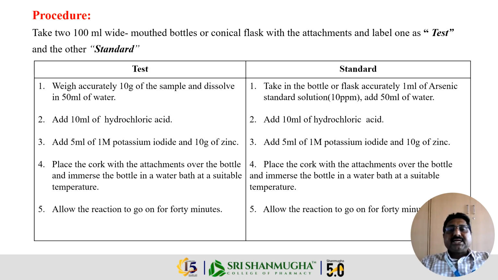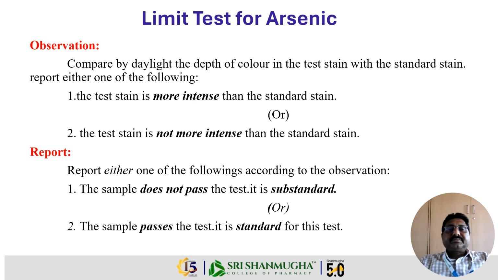Both the test and standard should be prepared simultaneously, then compared. After the reaction is complete, compare the stains in daylight. Observe the color intensity of the stain on mercuric chloride paper.